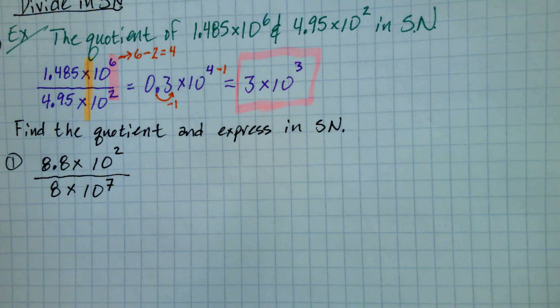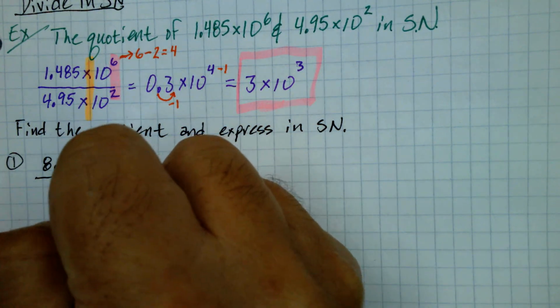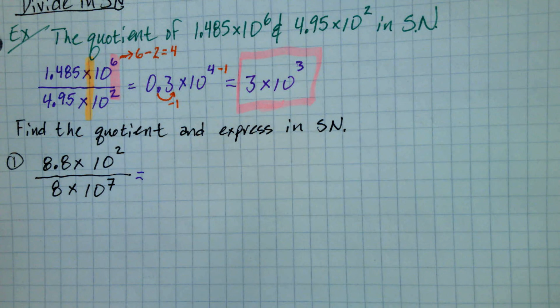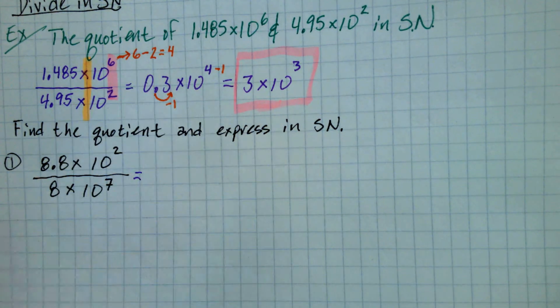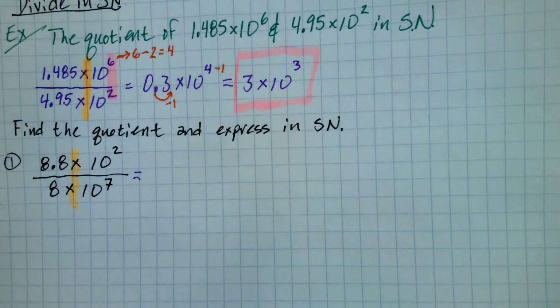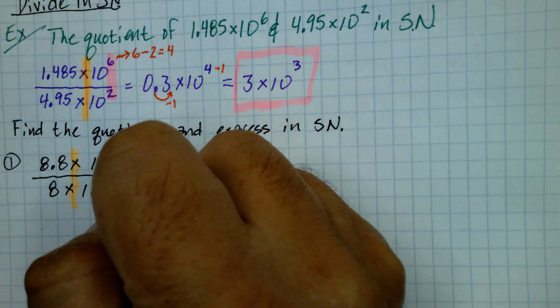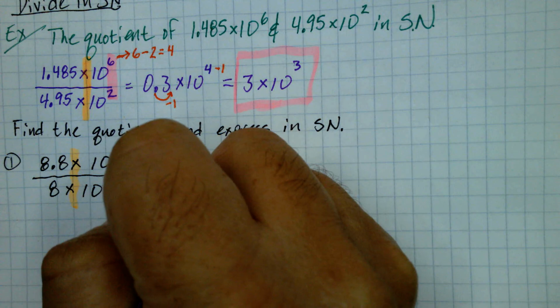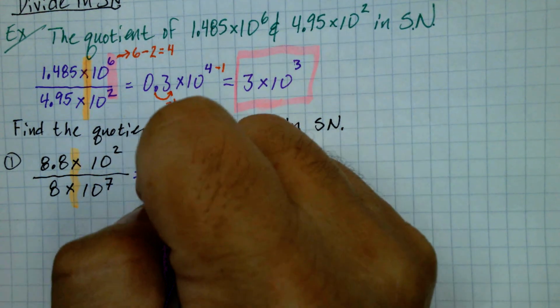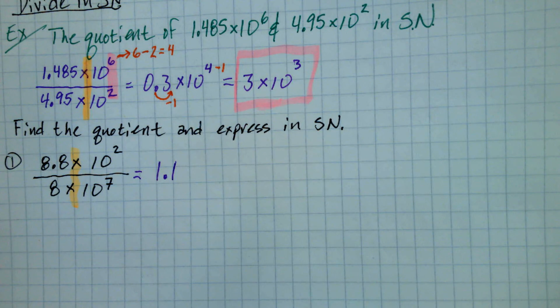So let's go ahead and get right to it. So the first thing we should do is divide coefficients. 8.8, divide that by 8. Oh, that's easy, and actually a nice little answer. It's 1.1. Didn't even need a calculator for that. Where it's going to get a little interesting, though, is here. Help me out, guys.